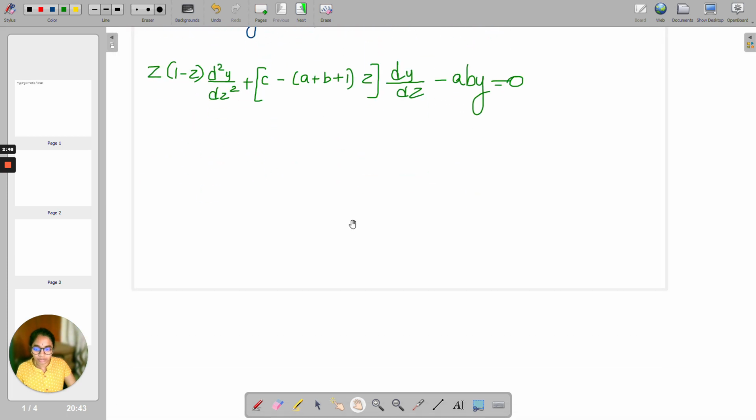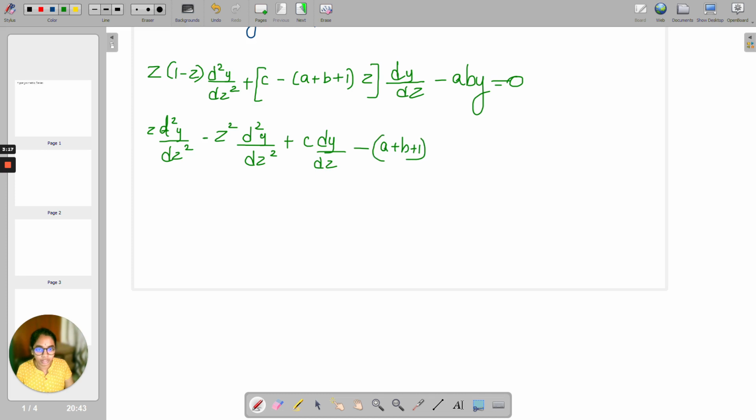First let me split it: z d square y by dz square minus z square d square y by dz square, plus c into dy by dz, minus a plus b plus 1 into z dy by dz, minus aby is equal to 0.